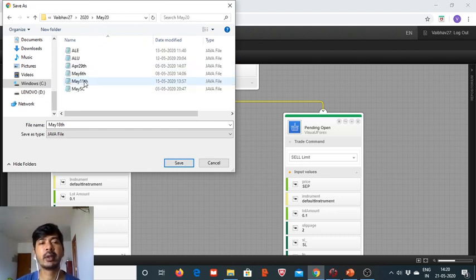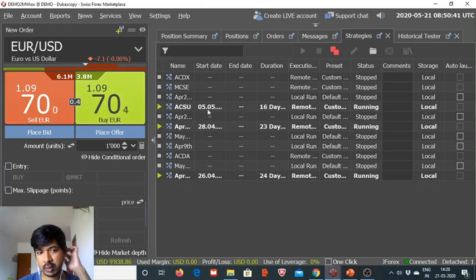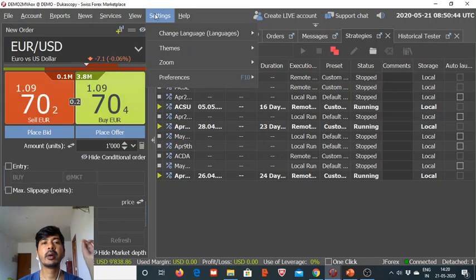So here we will save this file as part of May 2020's efforts, and we import the same file here.